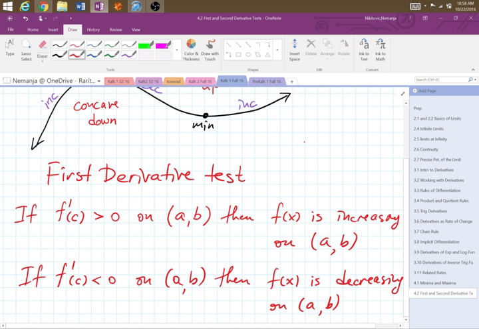And that takes care of the first derivative test. The procedure for this, hopefully not an issue. We take the derivative, find the critical numbers, and then we'll make some regions, we'll pick test points, and we're done.